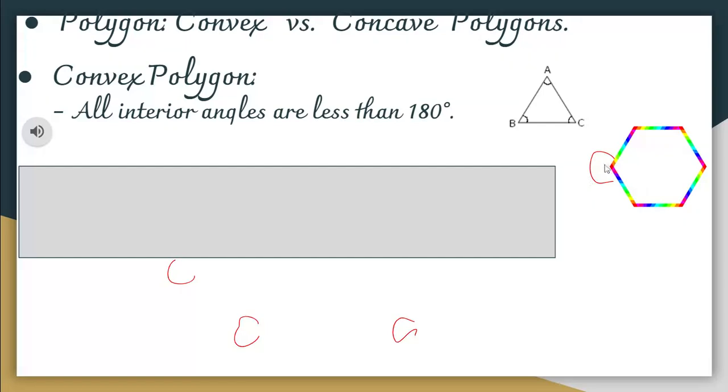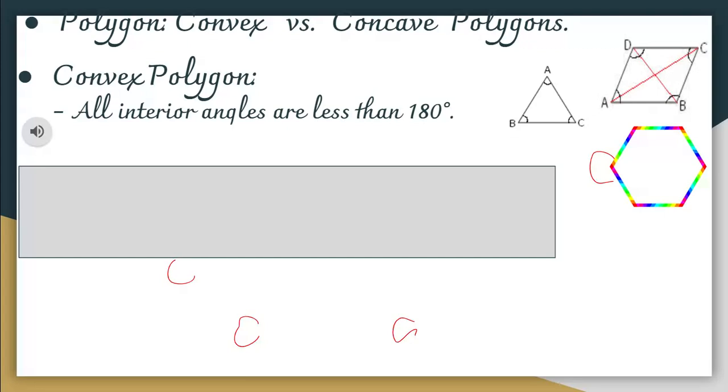This angle is an example of an angle which is more than 180 degrees, right? But in this case, we are talking only about the interior angles, and all interior angles are less than 180 degrees. Now look at this one. The square has all angles of 90 degrees, which is again less than 180 degrees. So this is also a convex polygon, isn't it?